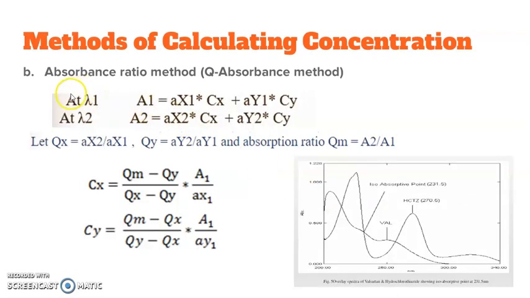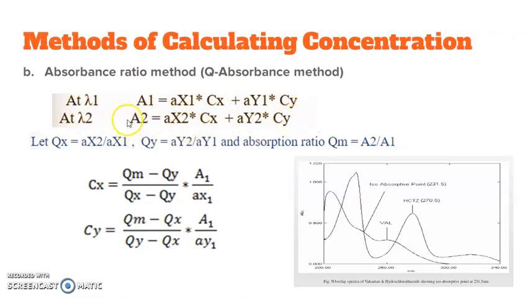Once we have those two different wavelengths, then we start calculating by the absorption ratio method. In that method, at lambda 1, that is the first wavelength, we calculate A1 similarly as we did in the simultaneous equation method, and we calculate at lambda 2 A2 similarly.